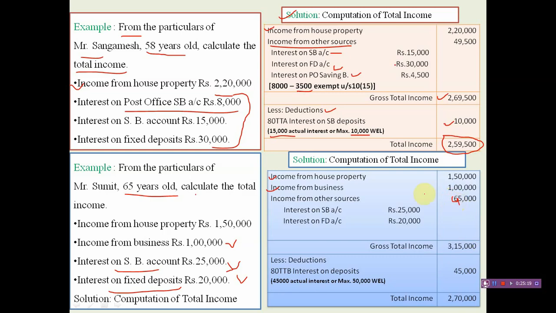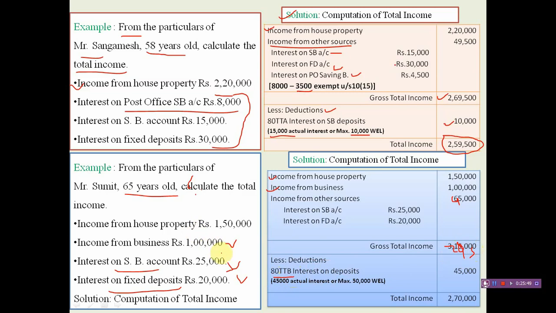So total gross total income 2,95,000. And deduction under section 80TTB.